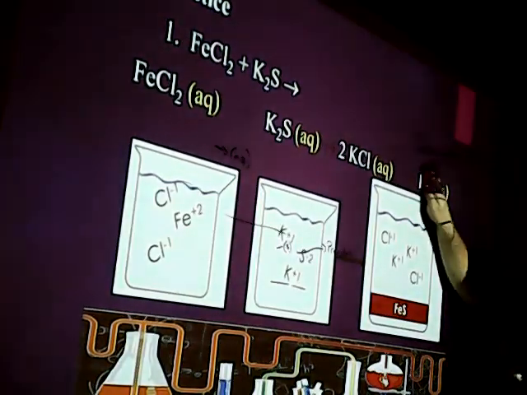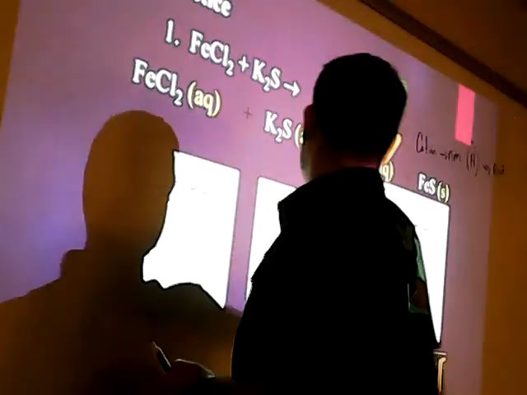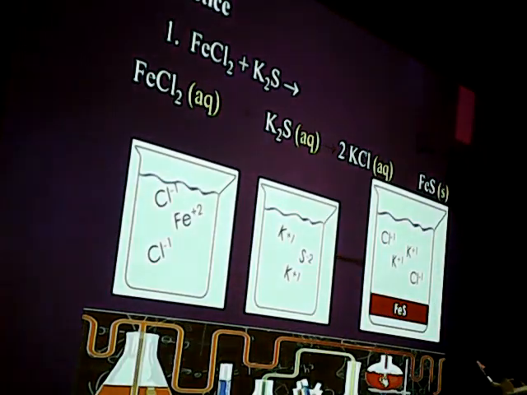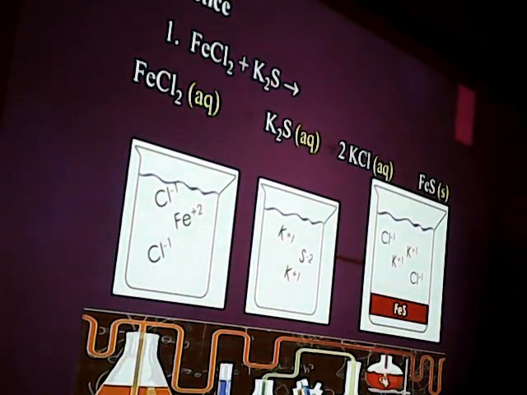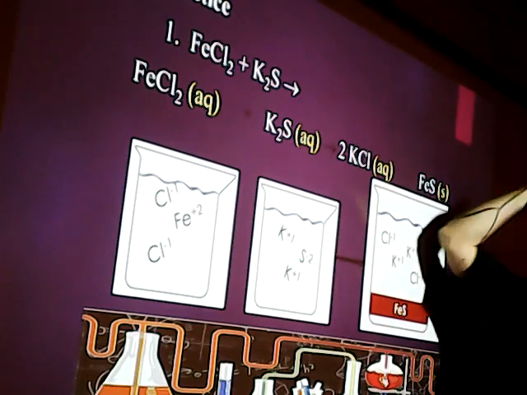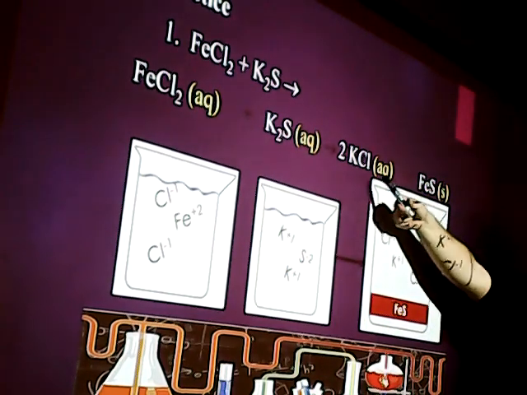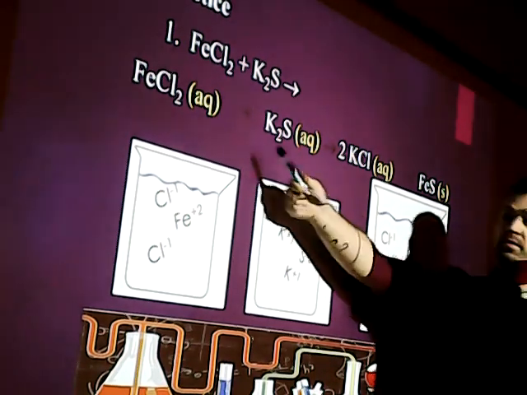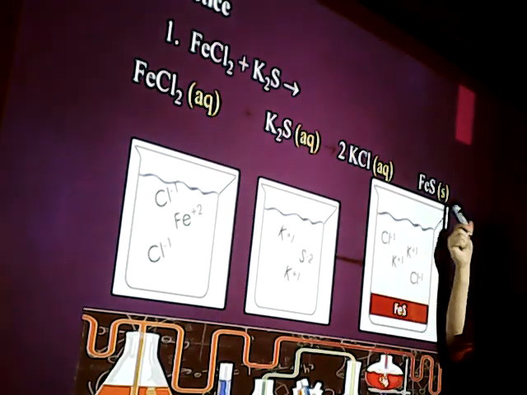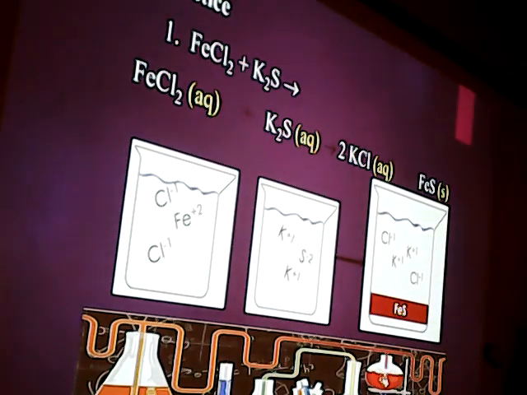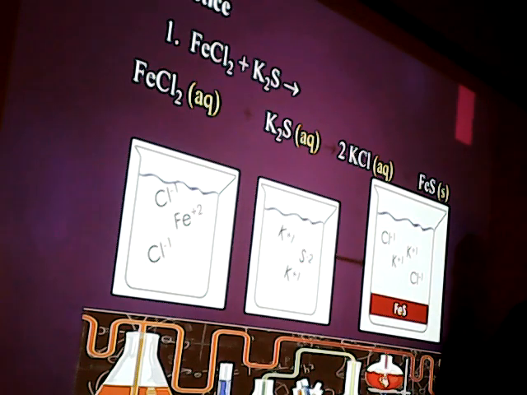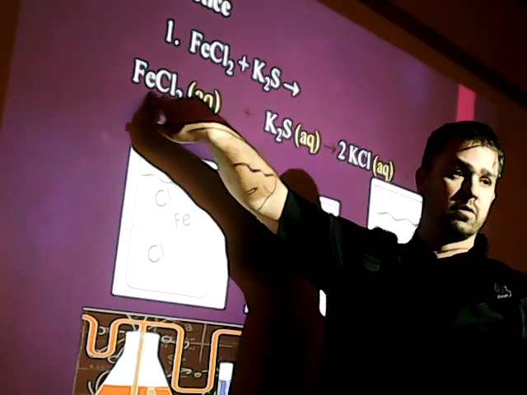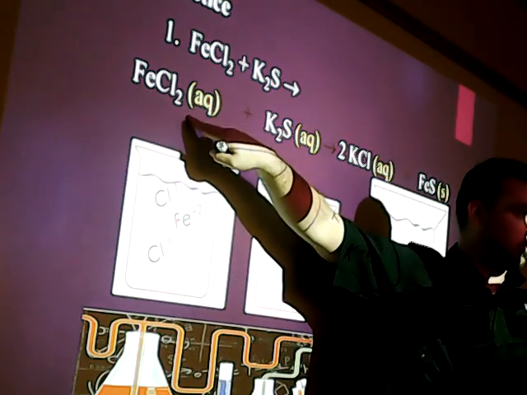All right? So, we look at this example. Iron chloride plus potassium sulfide gives us potassium chloride plus iron sulfide. First off, how do we know that these are all aqueous, and how do we know that that's going to be a solid? Here's where I teach you how to use the solubility chart. Ready? When you look at these to figure out, is iron chloride solid or aqueous?